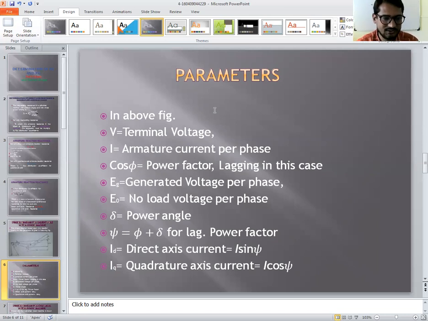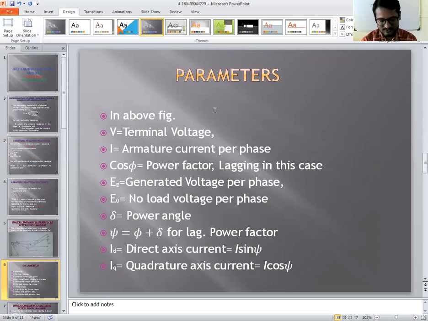Along the Q axis, for the second case, the air gap is maximum, therefore the reluctance is maximum, due to which flux linkages N into phi are minimum. Therefore, the EMF in the stator is minimum, equal to E min, as E is proportional to phi.